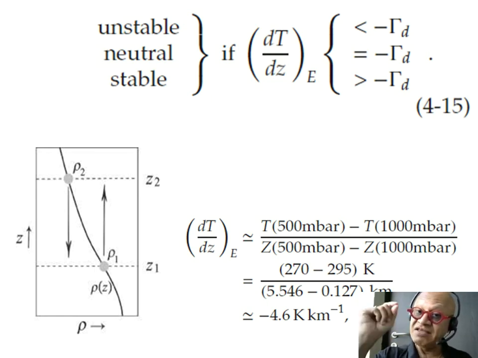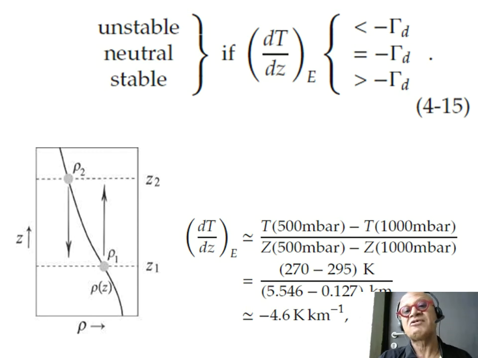So it's not a geometrical coordinate, it's a pressure coordinate. So you have to find the height of the 500 millibar surface minus the 1000 millibar surface, which is near the surface but not exactly the surface because it is not a constant.